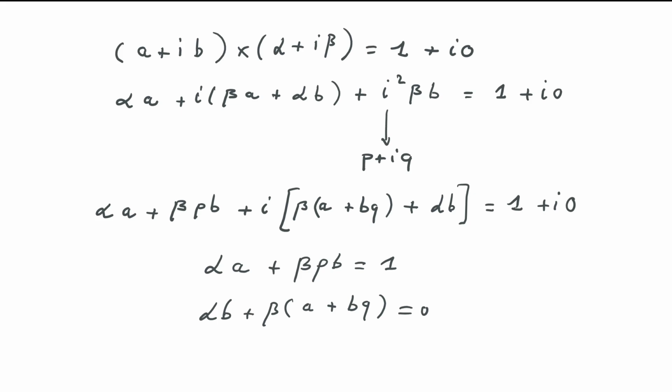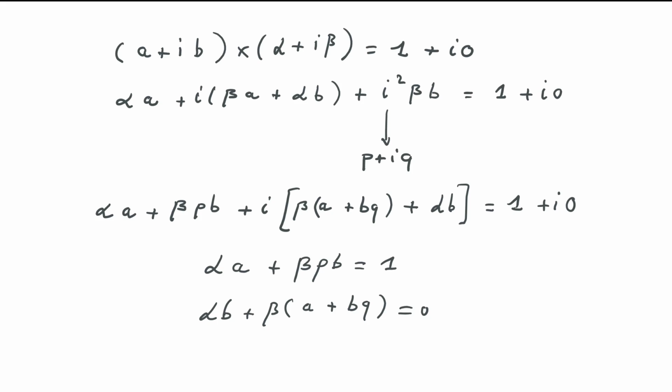So you go ahead and you obtain two equations which are coupled. The goal in these two last equations is that now I am looking for alpha and beta. I want alpha, I want beta, and I want them to have finite values. I want them to make sense, knowing that I have all the liberty I want on a and b, except that a and b cannot be 0 at the same time. And I have a liberty on p and q such that this always works.